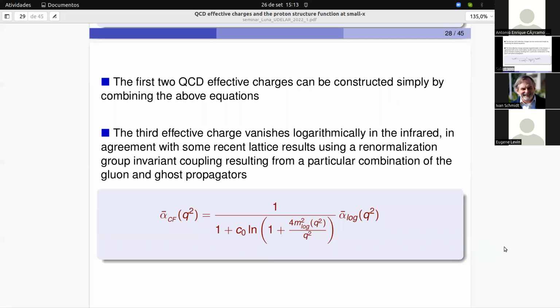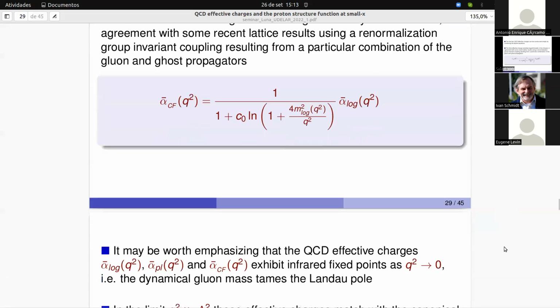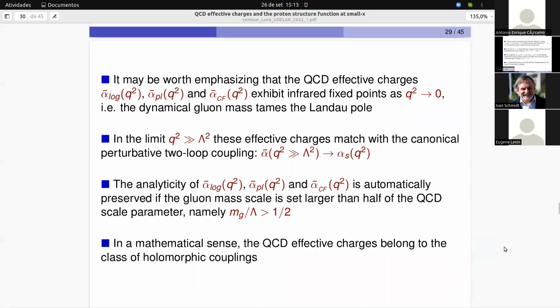Basically, we have to introduce more ingredients here, and parts of this behavior can be calculated using a Cauchy-Ferrari Lagrangian.